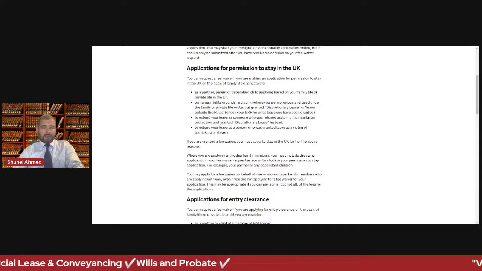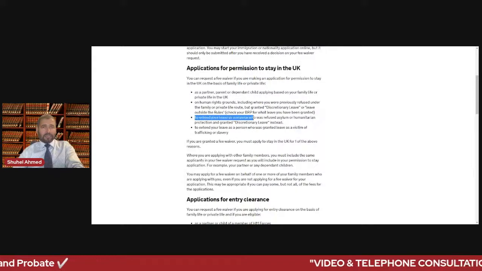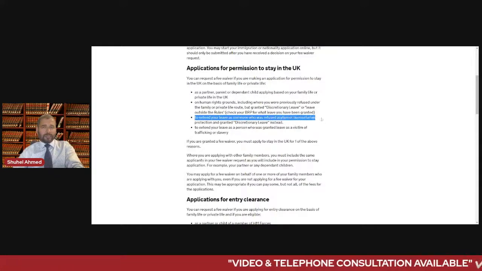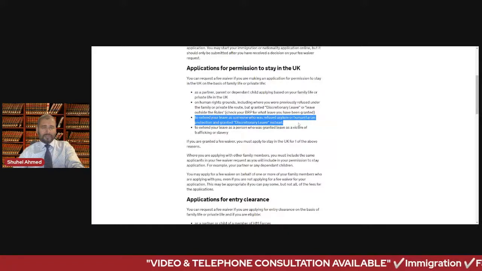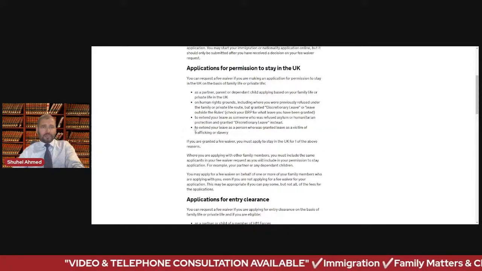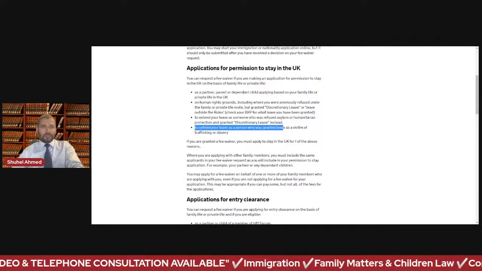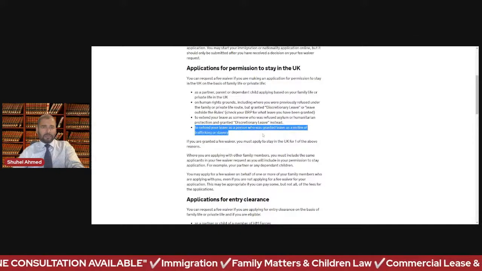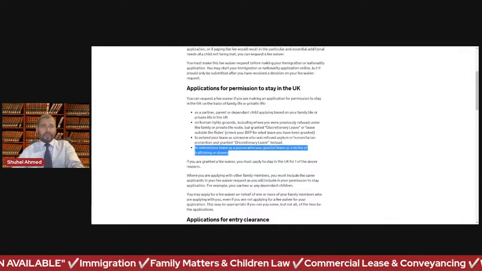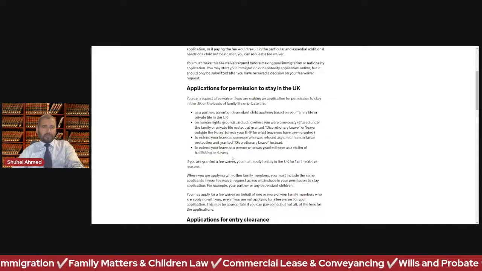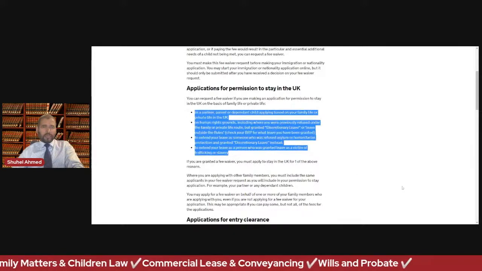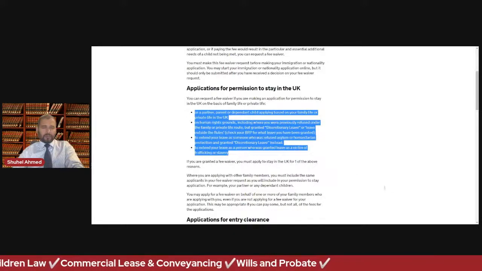Next, I'll tell you the eligibility later, but let me say: extending your leave as someone who has been refused asylum or humanitarian protection and granted discretionary leave instead, or extending your leave as a person who has been granted leave as a victim of trafficking or slavery. This is a very wide area where you can make an application for fee waiver.